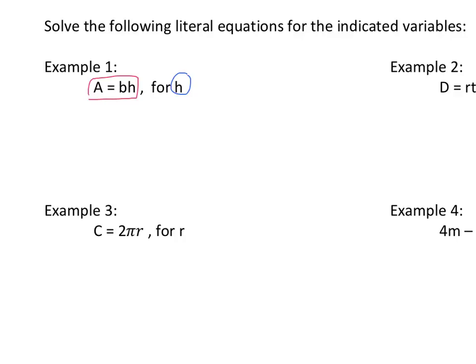And case in point here is that you have B times H. So if we want to get H alone, we have to remember how we undo a times. So we would divide both sides by what we don't want, which is the B, which would give us A over B equals H. So we solve this literal equation for H.